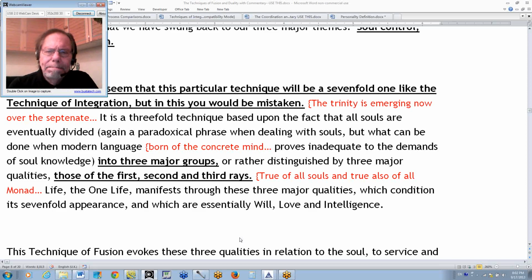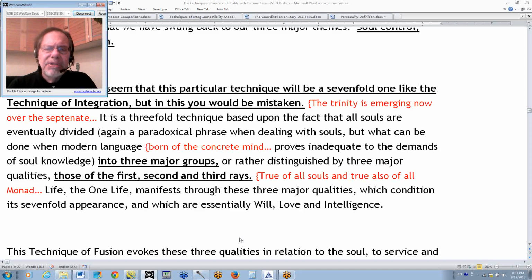This is, as I say, operating particularly on two levels. We might consider it the soul in relation to the spiritual triad, and the seven monadic types on the monadic plane in relation to the three supertypes, perhaps finding their origin on the logoic plane.